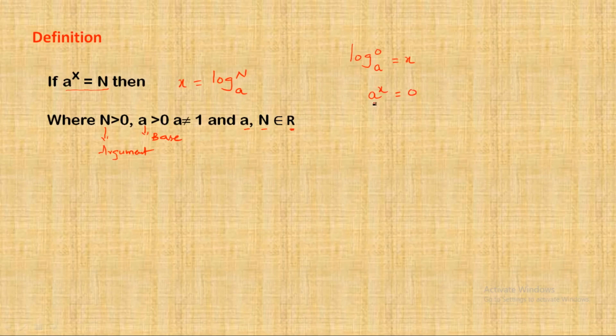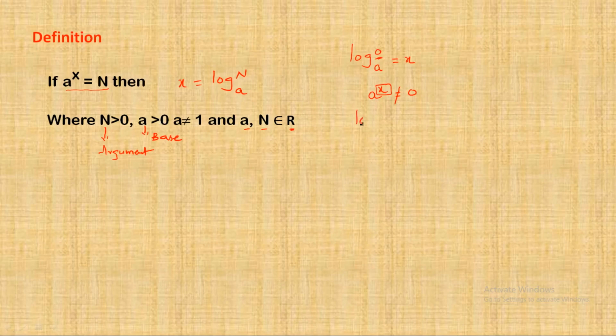So we need to raise the power of a in terms of x so that it becomes 0. So whatever value we replace in place of x will not be equal to 0. So this is not equal and this case isn't valid here. So that's why we consider the argument of logarithm to be greater than 0.